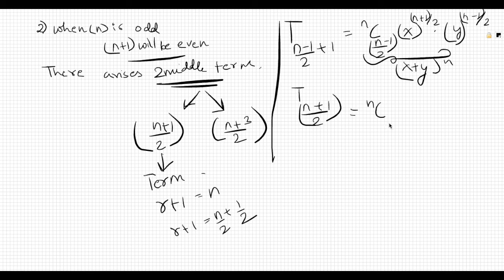So it gives us nC(n plus 1 by 2), x to the power n minus 1 by 2, into y to the power n plus 1 by 2.